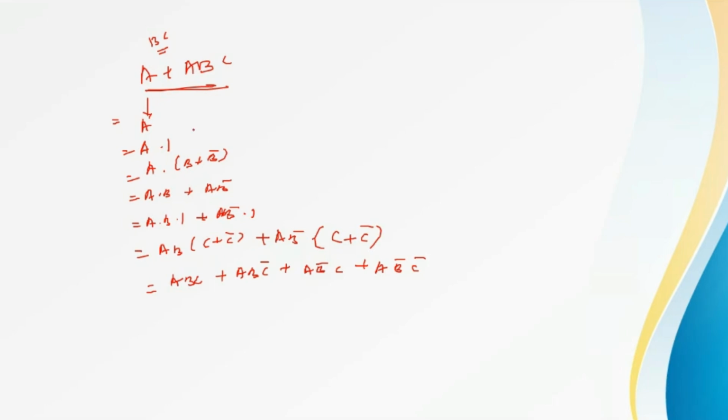So what will the final output become? We'll add the ABC here. Here also ABC is there, here also ABC is there, so we can remove these. It will become only one ABC, plus ABC bar plus AB bar C plus AB bar C bar.